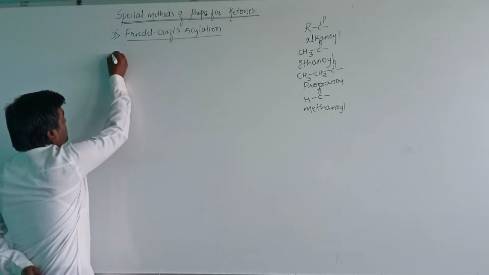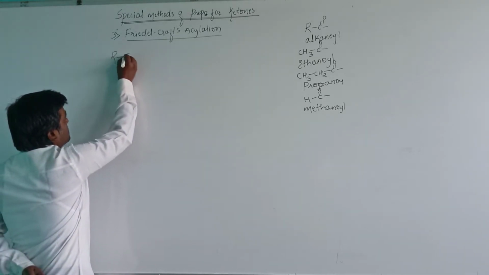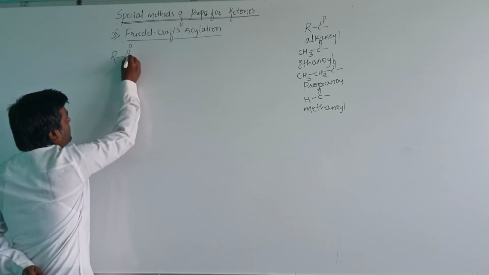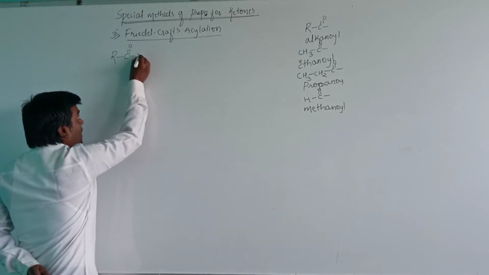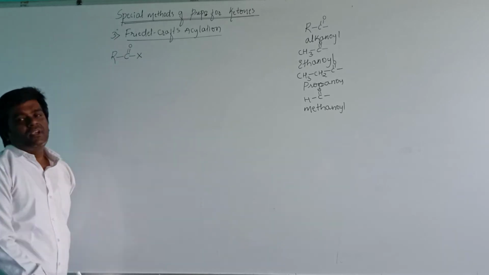Then let us discuss the preparation of ketones with the help of Friedel-Crafts acylation. The acyl group is R C double bond O, then X, that is an acyl halide.